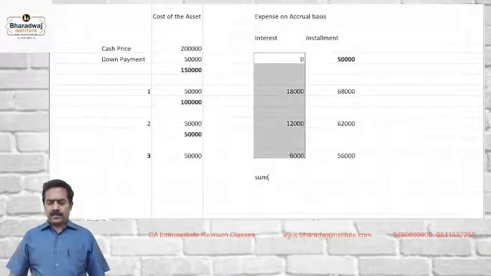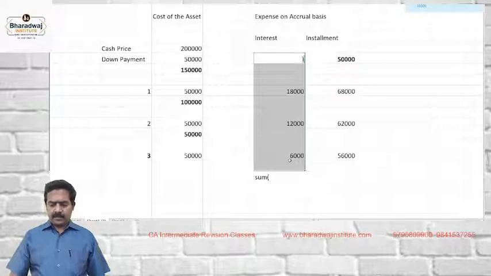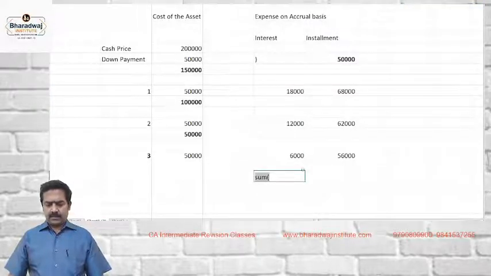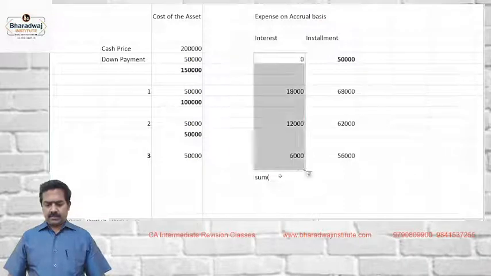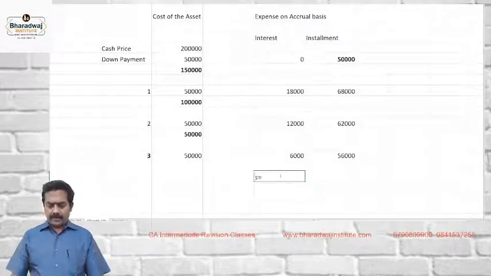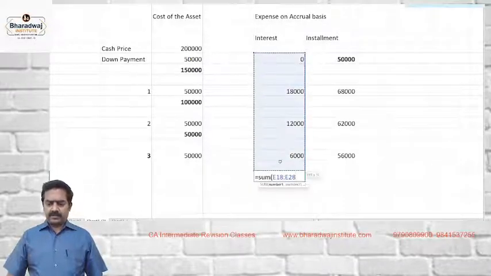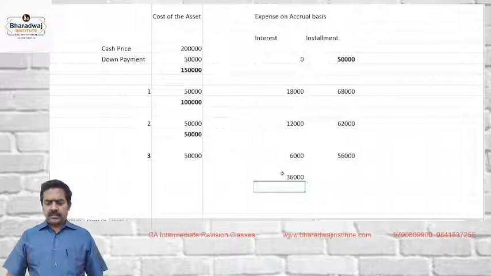This interest will be recognized in the P&L account. Take the total of the interest. This will be recognized in which account? P&L account.